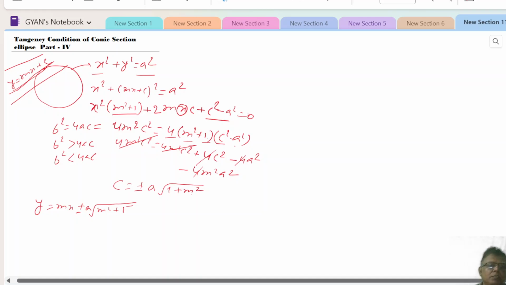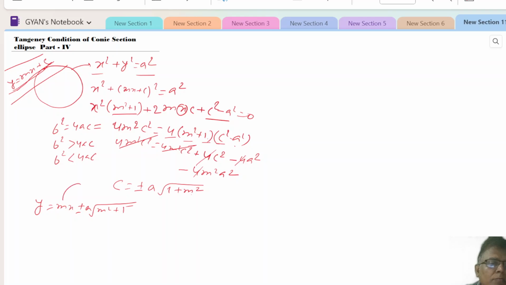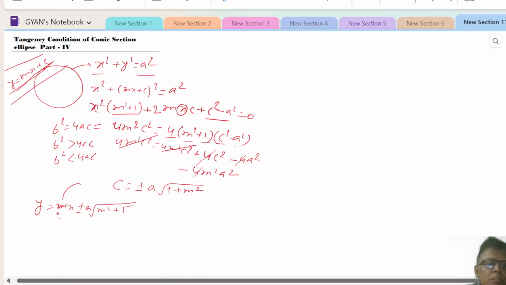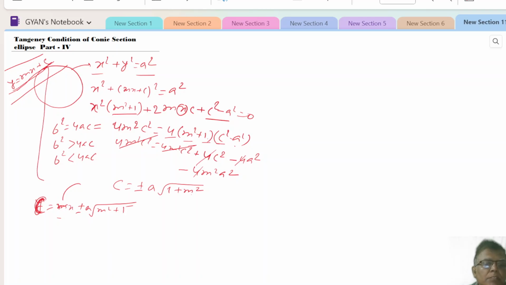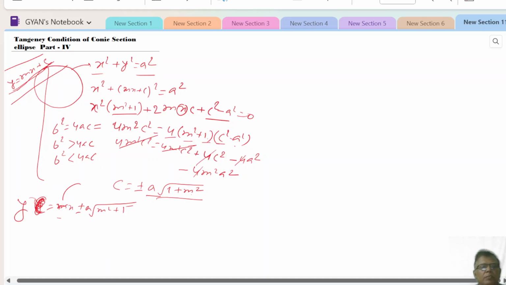This is the tangent line which is having m slope, and m should satisfy this. That means c should be equal to a root over 1 plus m square, and the equation should be y is equal to mx plus this one.